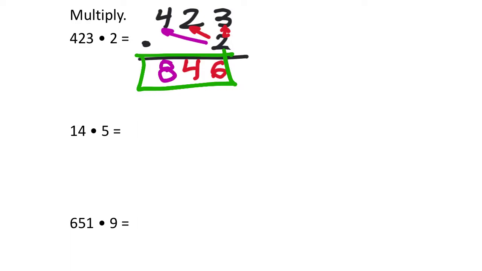So doing this next problem, this is 14 times 5. That's good. But again, I still start in the ones place value, right? So I'd say, okay, 5 times 4, 5 groups of 4 is 20. Now, the problem with this is 20 doesn't leave me with any numbers in the ones place value other than 0.